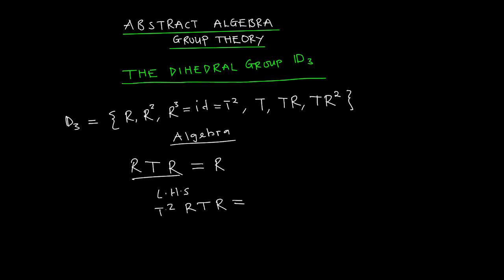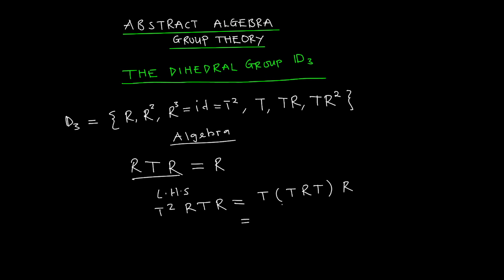I can do this because t squared composed with rtr doesn't change the operation, right? So I can do that. Now, the next thing I would do is simplify this. T squared is the same as t composed with t, then r t composed with r.